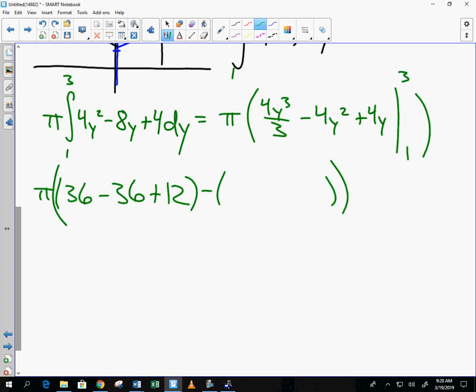Minus. Plug in 1, I get 4/3 minus 4 plus 4. Very good with that. See some nice things to cancel. 36s are gone. 4s are gone. Got 12 minus 4/3, or 36/3 minus 4/3. Or 32 pi over 3.